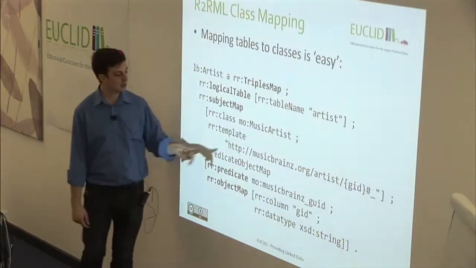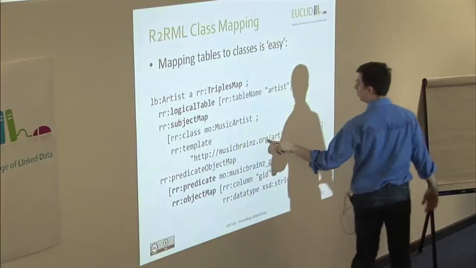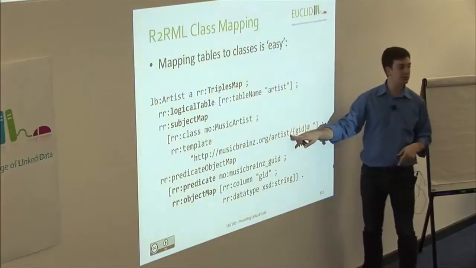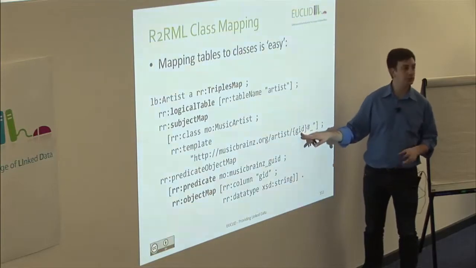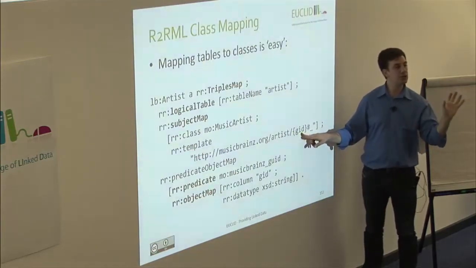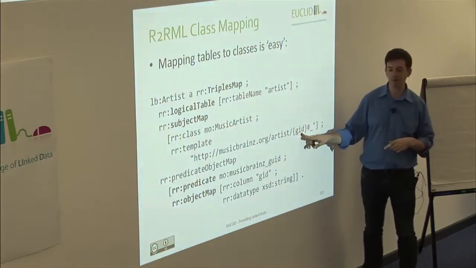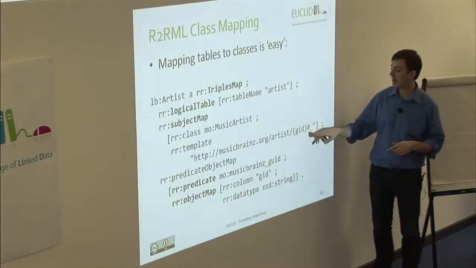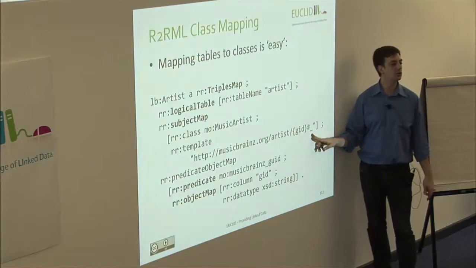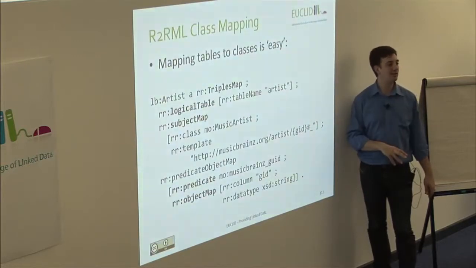And that says, you take the namespace, musicbrainz.org, you put /artist, and then you put the value of the GID, or the GUID column, that has this identifier with numbers and letters with hyphens in between. And on the end, we put the #_ that we mentioned at the end. Okay? Because we're really making non-document identifiers.